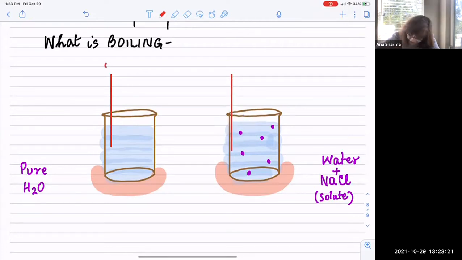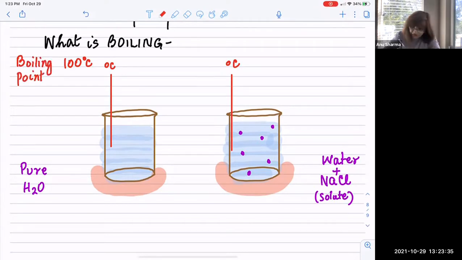So here the temperature reading is 100 degrees Celsius, which is the boiling point. The boiling point is the temperature at which the water boils.